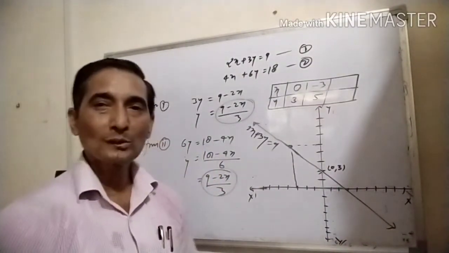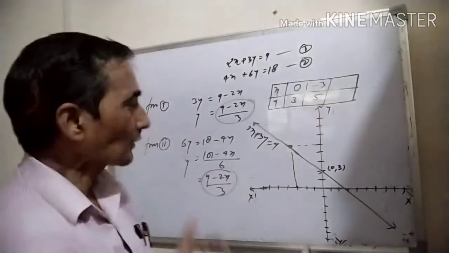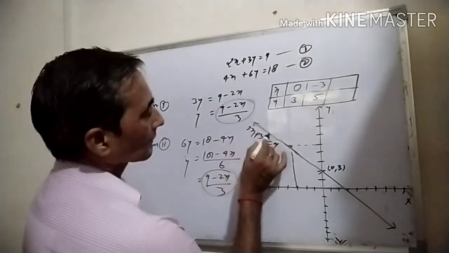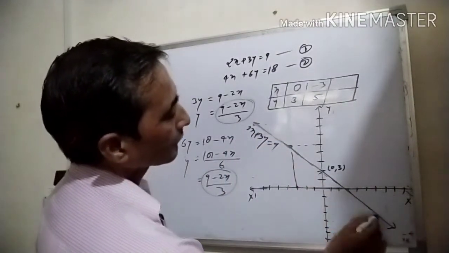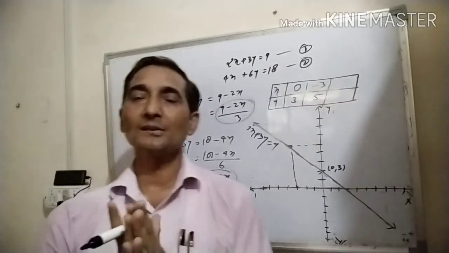So when we plot this equation, all points are the same and you will find again this straight line. This means these two lines coincide with each other.